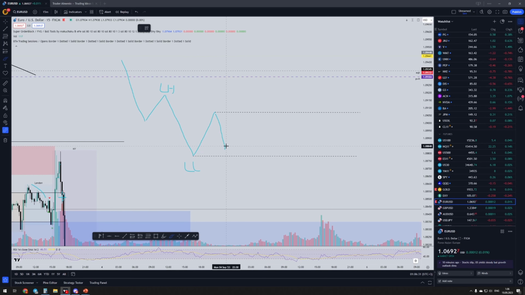So we can be stuck here, we can go up to get liquidity from these highs, and if we get back again, I will be expecting price to take liquidity from this low and go up high.